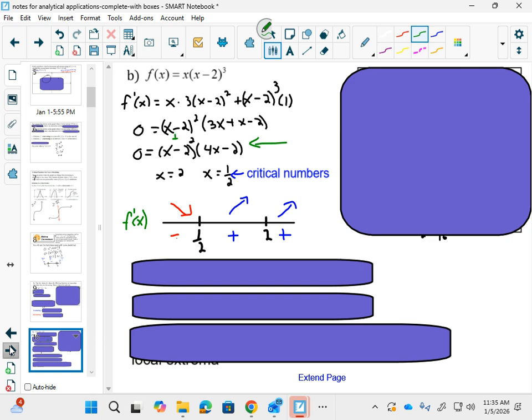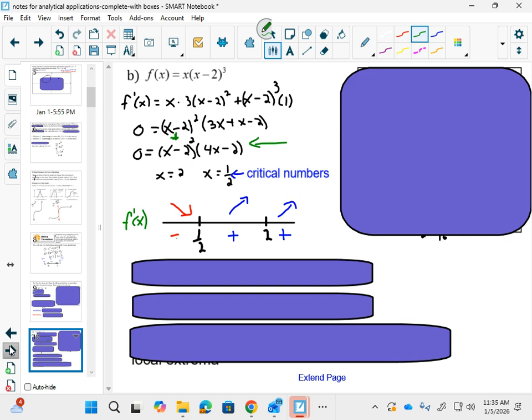In fact, for that first factor, I don't even have to plug in numbers. If you square something, do you realize it'll always be positive? Unless it's 0, but we're not plugging in any of the 0 critical numbers anyways. This will always be positive.